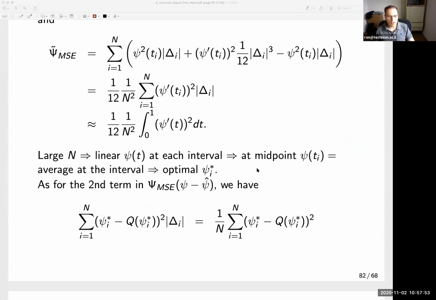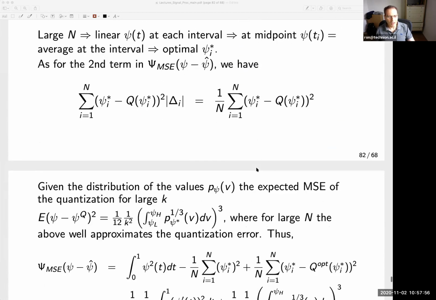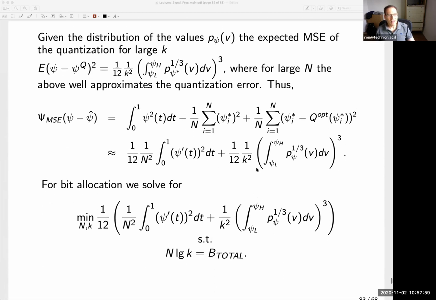This is what we call the second term, or the third term if you go backwards. And now the question is, how can we play with it? In the previous section, we showed that if some oracle is giving me the distribution of the psi's, then the expected MSE we have computed to be as such, for a large quantization level K, so really dense quantization, assuming that the probability function is smooth.